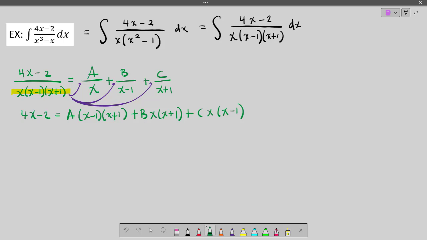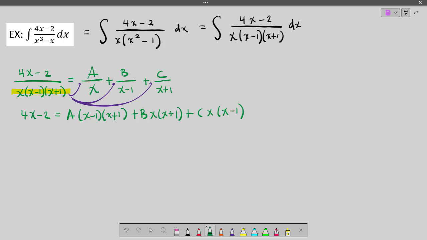So any questions up to that state? So we factored, we built our structure, constant over each factor, multiply by the denominator on the left, that clears out all the fractions. There we go. If we were going to go traditional method, we would have to expand all that, group the x's together, group the constants together.